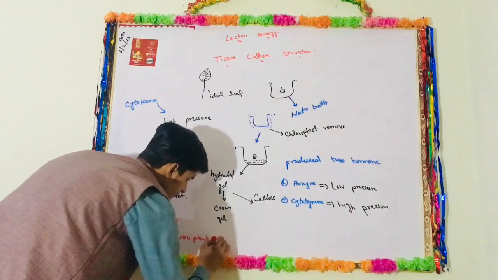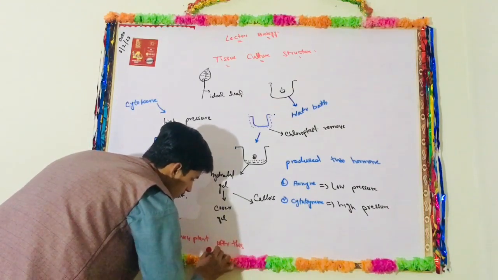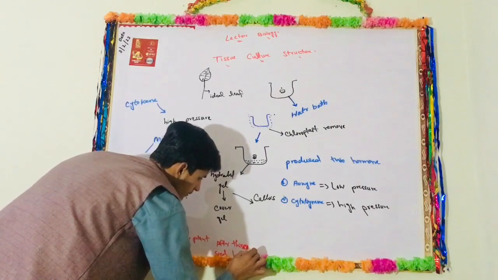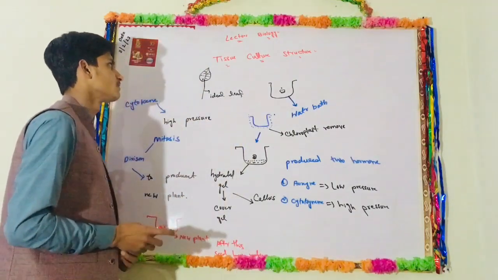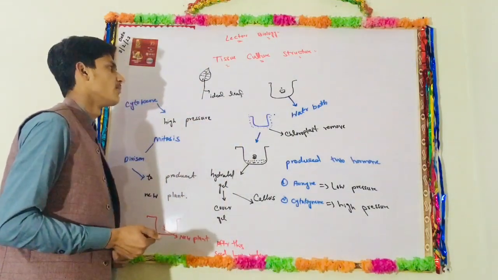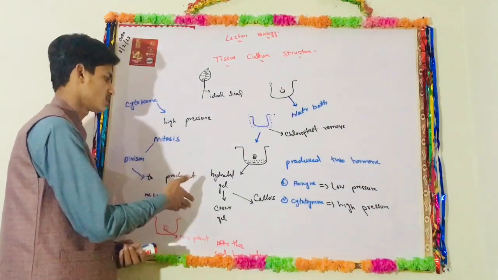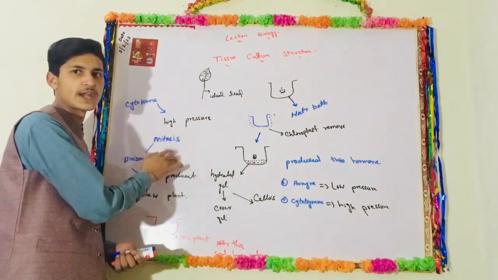After this, the seed becomes ready. Now ending lecture number 5, tissue culture. It's the tissue culture structure. Now see the tissue culture structure. End of this lecture.